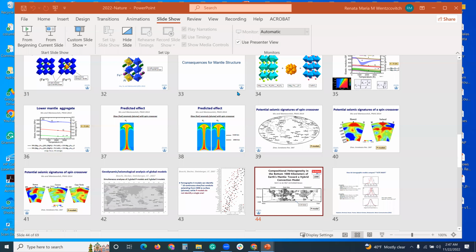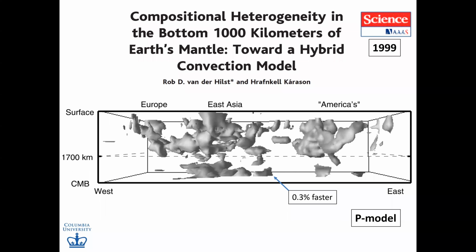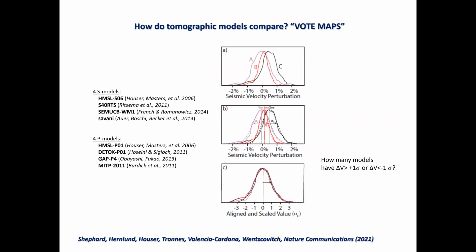For example, this is a map of fast velocities, regions of fast velocities in the mantle, and you can see subducting plates, and you can see a disruption in velocity structures around the same depths. We embarked on a joint study of several S and several P models at the same time.